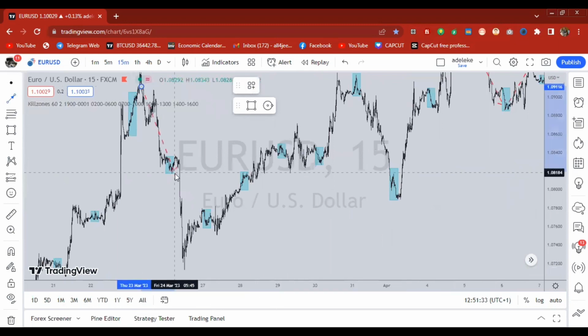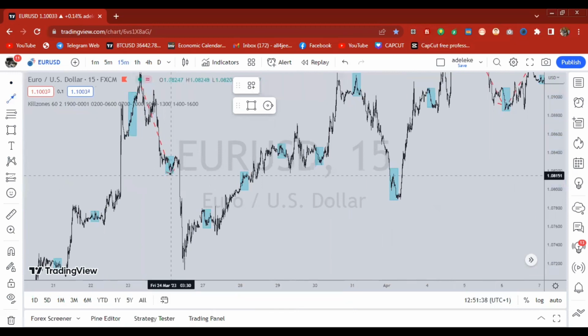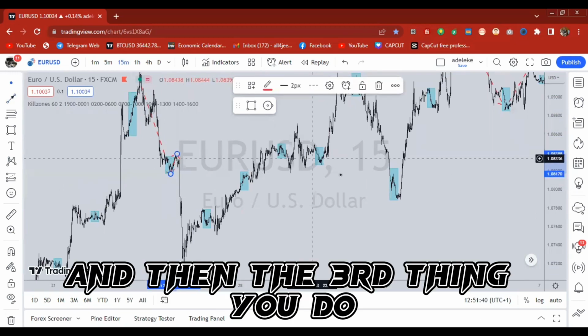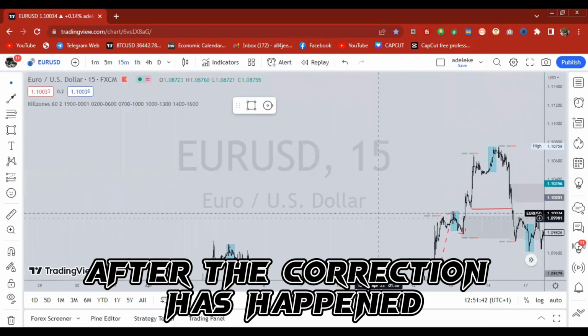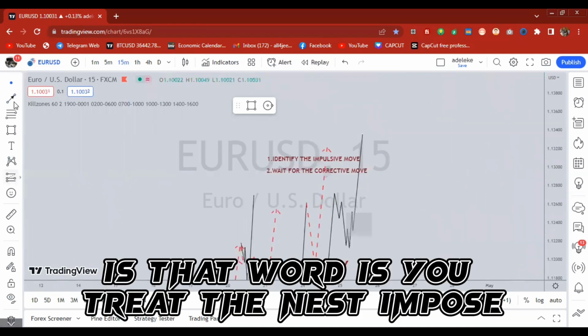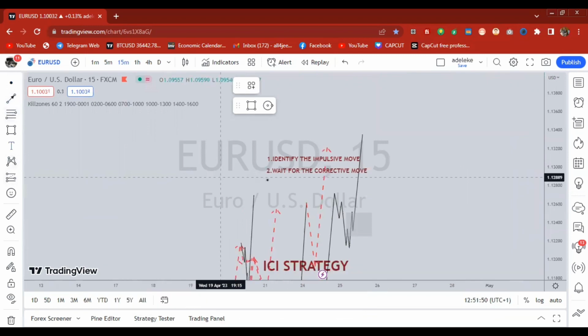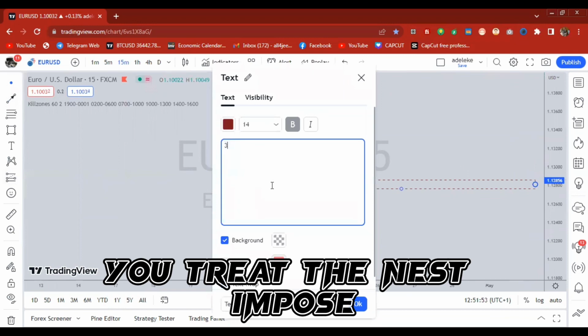The impulse, you wait for the correction to happen. And then the third thing you do after the correction has happened is what? You should trade the next impulse.